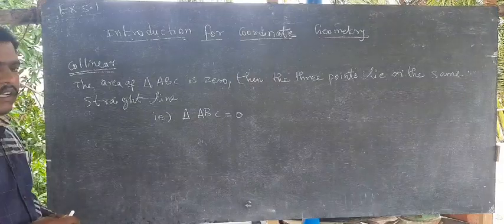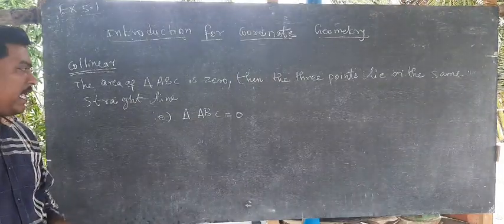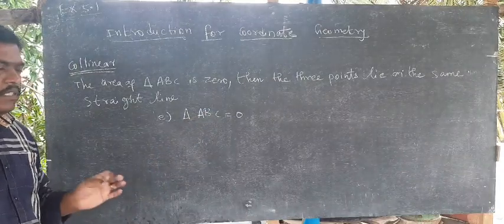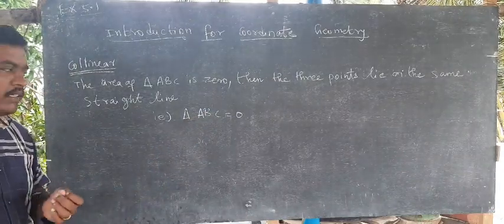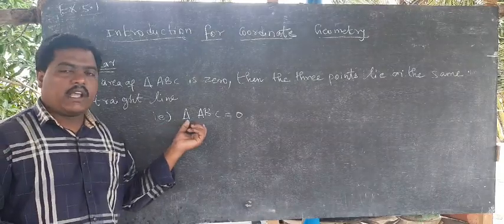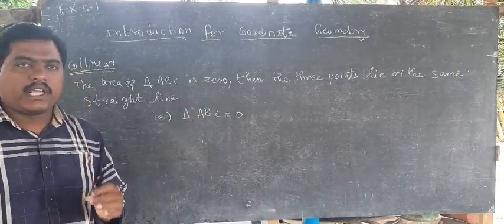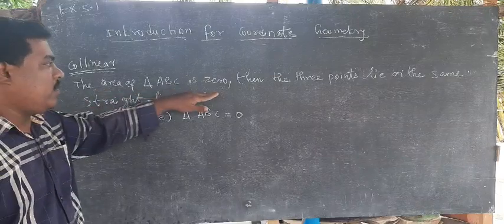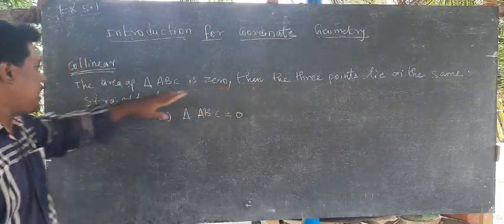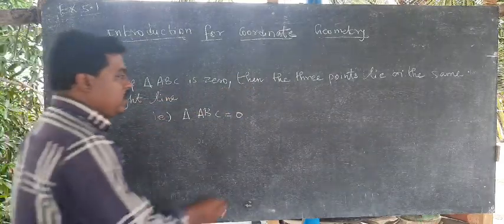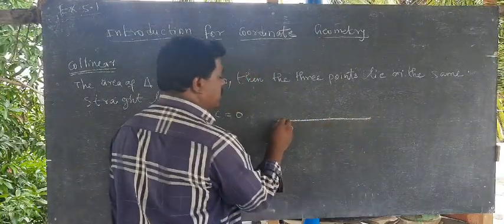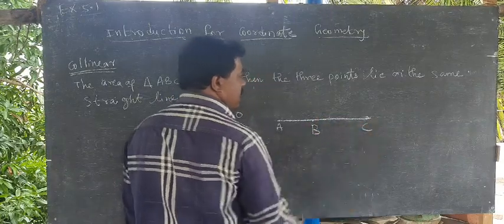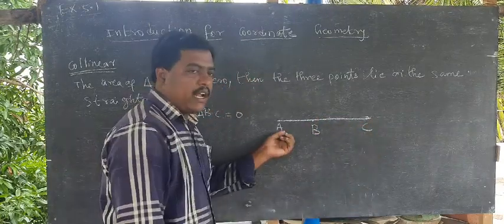Listen, collinear. Collinear means the area of the triangle will become 0. And also from the examination point of view, if they give collinear, the area of the triangle is 0. So if the area of triangle ABC is 0, then the 3 points lie on the same straight line. Suppose this is point A, point B, point C; they lie on the same line.